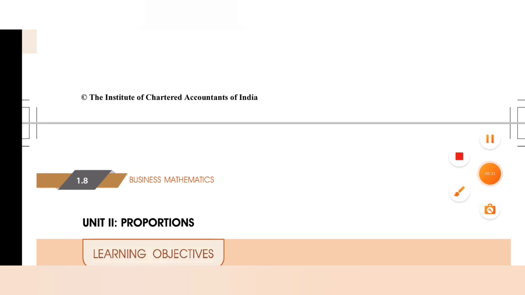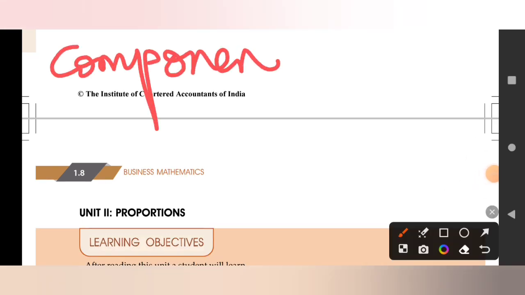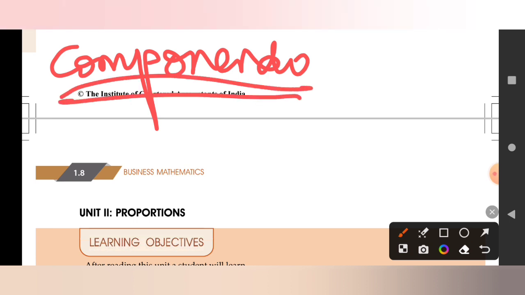Next property that you're going to study is componendo. Now, let me ask you a question on the ratio topic that we have already studied. What was compounded ratio?